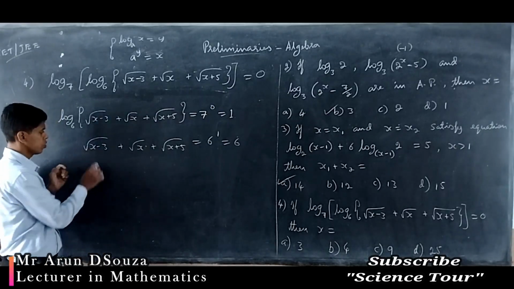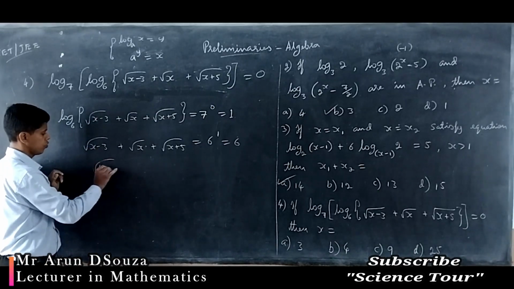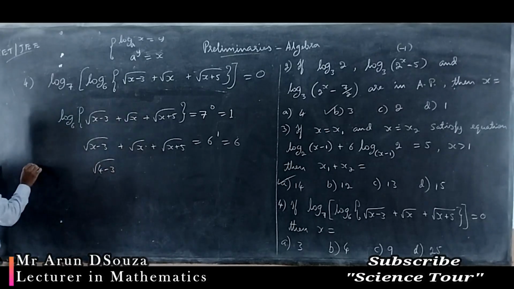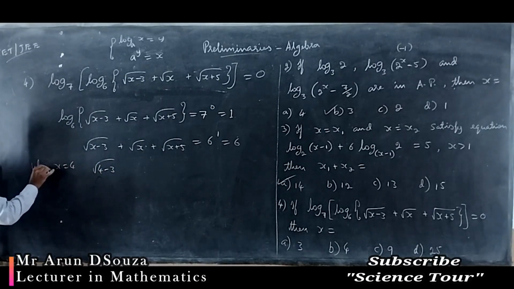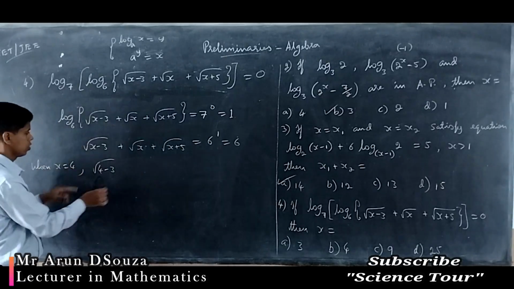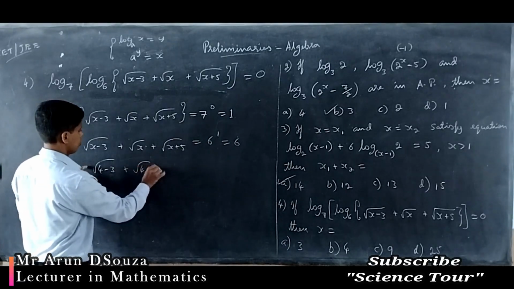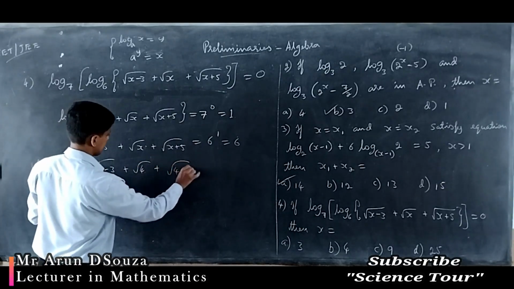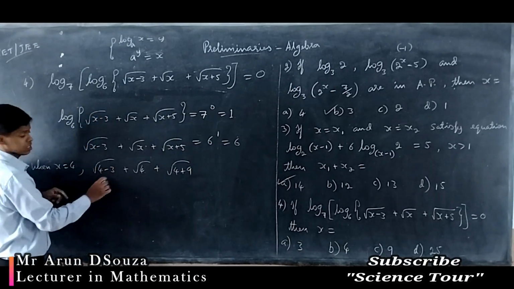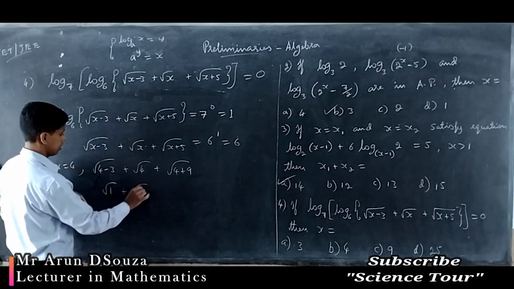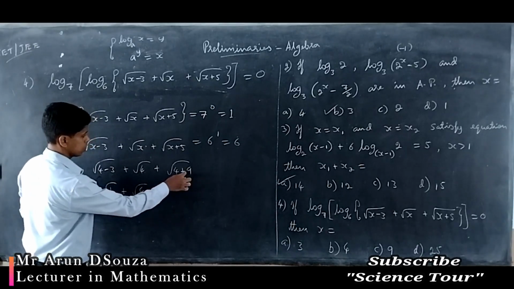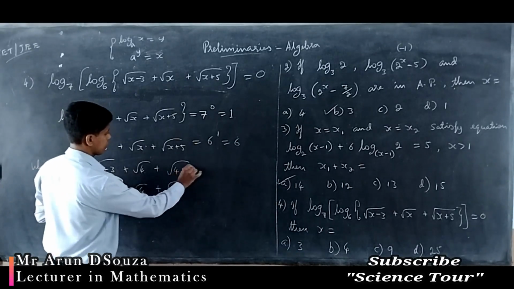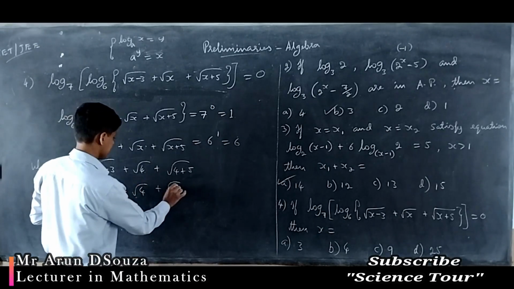Put 4 here. If you put 4, that will be 4 minus 3 when x is equal to 4, plus root 4 and root 4 plus 5. So 4 minus 3 is 1, and 4 plus 5, so this is 9.